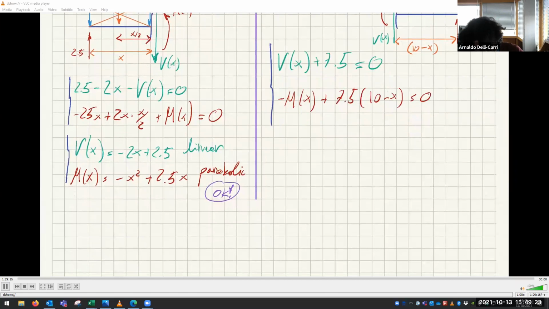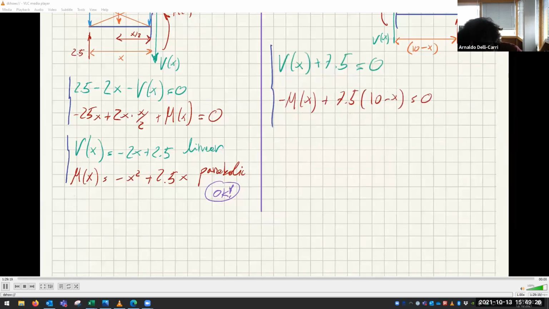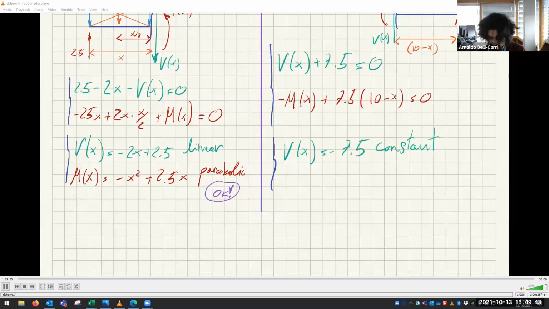If I rearrange these ones as well, I get v of x is minus 7.5, constant because it doesn't depend on x. Quite easy to see. And m of x is minus 7.5x plus 75.